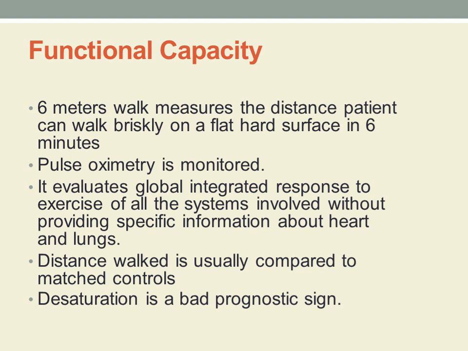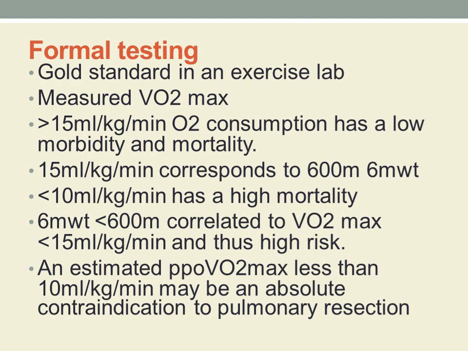If they desaturate by more than 6%, that's not a good sign. The gold standard is around 600. It's a functional test, it's easy to use, and you see how much they can walk.